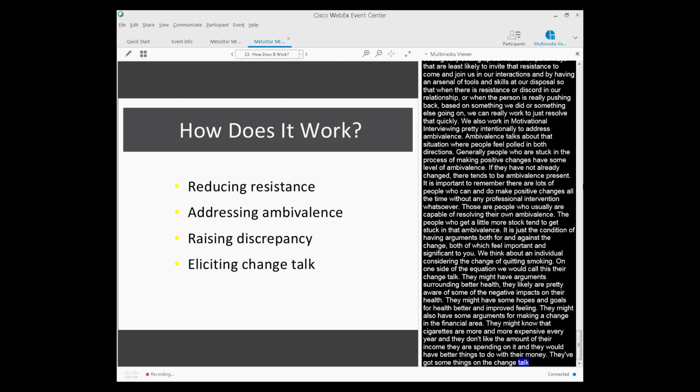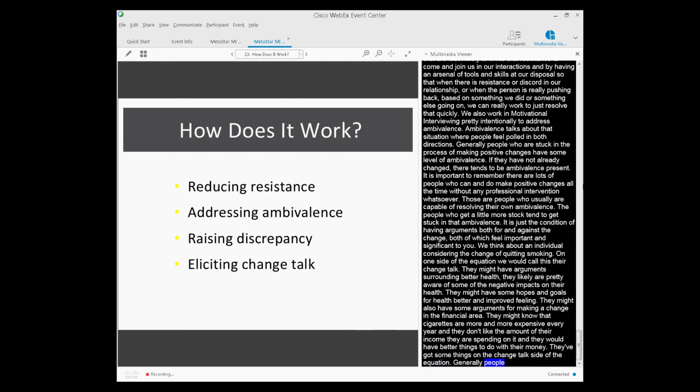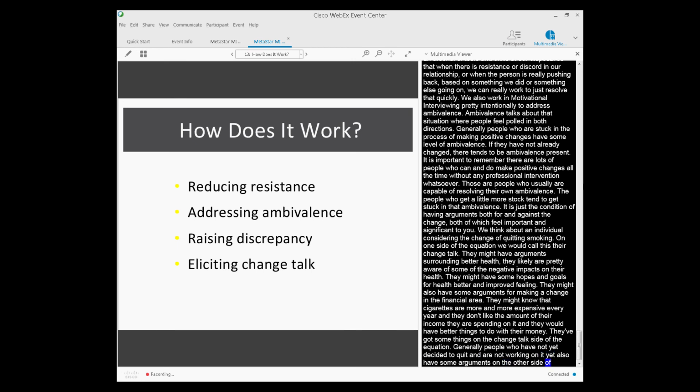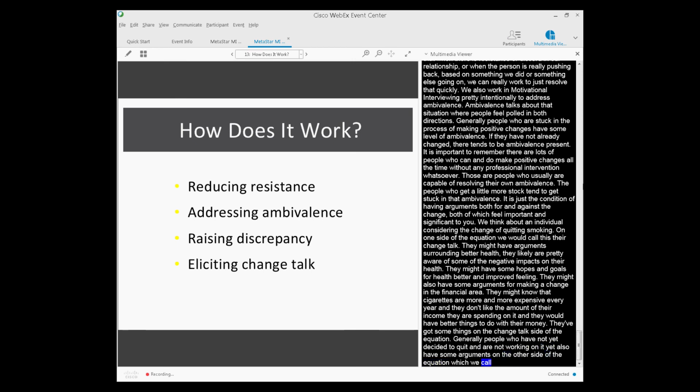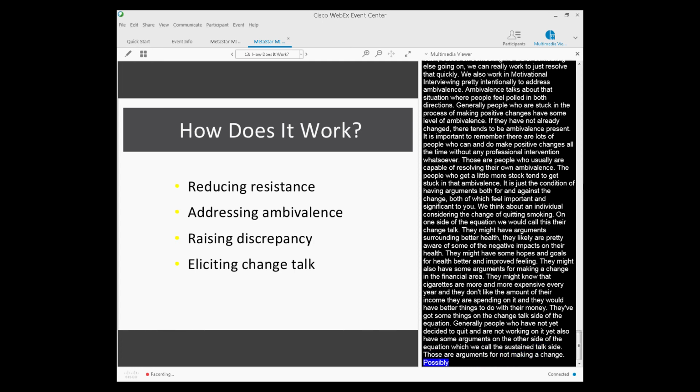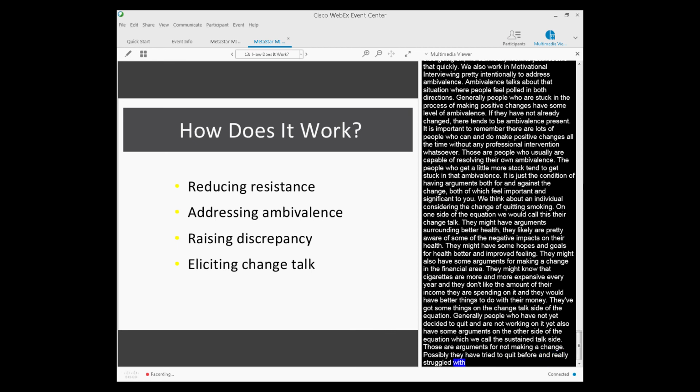Generally, people who haven't yet decided to quit and aren't working on that yet also have some arguments on the other side of the equation, which we call the sustain talk side. Those are their arguments for not making a change. Possibly they've tried to quit before and really struggled with it, and obviously not been able to sustain that successful quit.